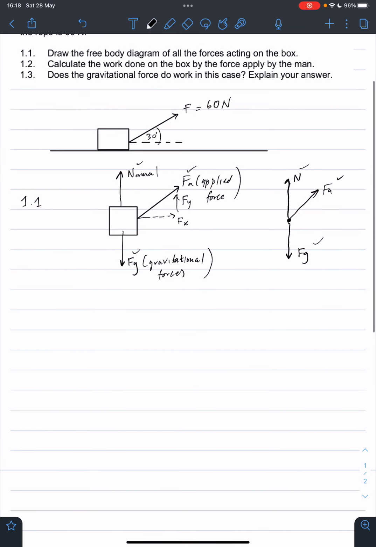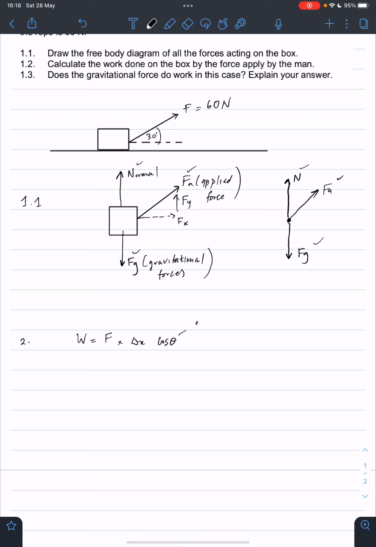Okay, let's move over to the second one. It says, calculate the work done on the box by the force applied by the man. We remember that the equation for work done is work equals the force times the displacement times cos theta.